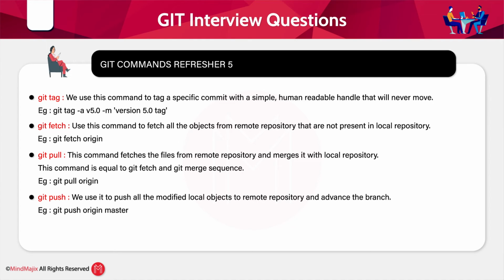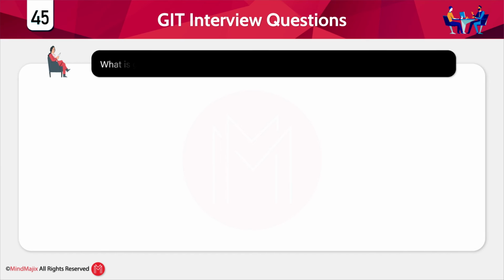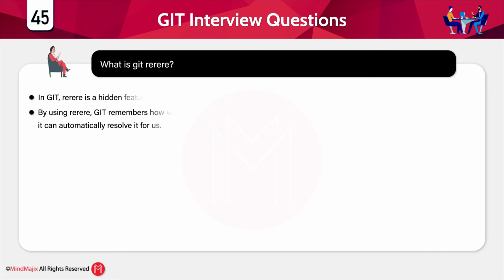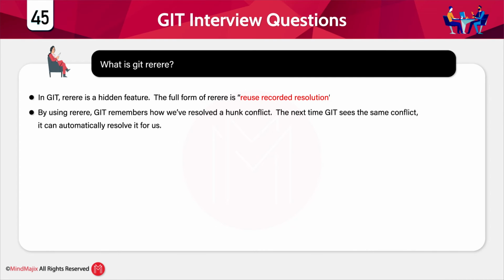Git pull origin, git push origin master, okay? Like that. We push from master branch to remote repository. Origin is what? Remote repository, right? Origin is an alias name of the remote repository. From which branch we have to push? Master branch. This is rare, hidden feature. What is reuse recorded resolution?